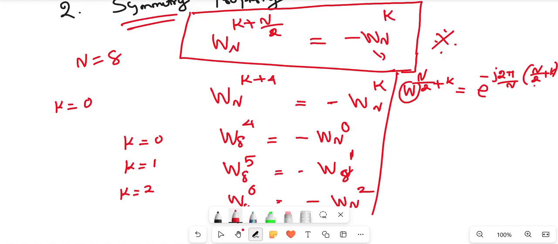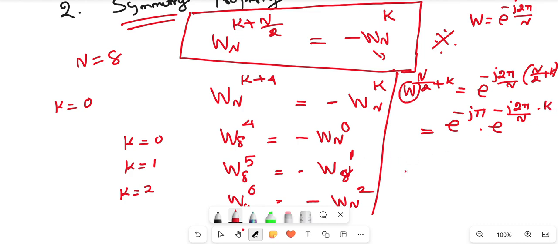When you multiply this term, N will be cancelled, 2 will be cancelled, so you get e power minus j pi into, for the second term, e power minus j 2 pi by N into k.